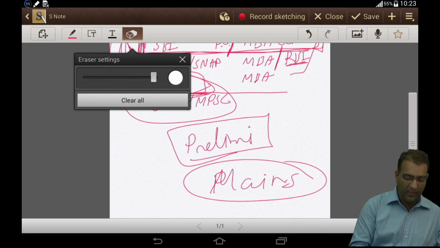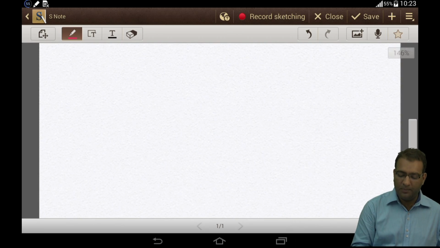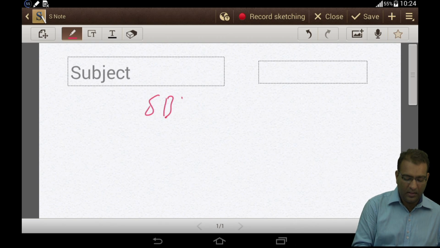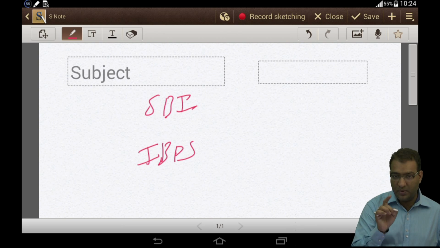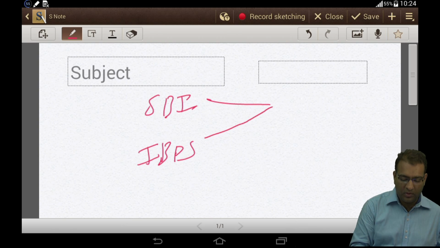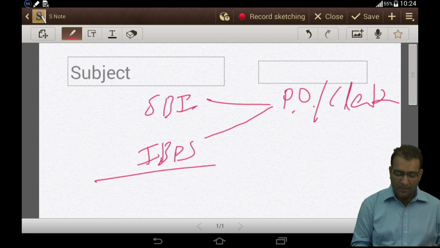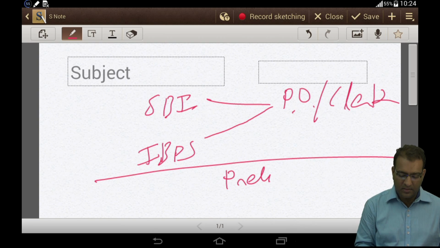Right? Okay, a couple of things here. Your preliminary for all these, whether it is SBI or IBPS, I'm writing for both PO and clerk, for all four exams basically.